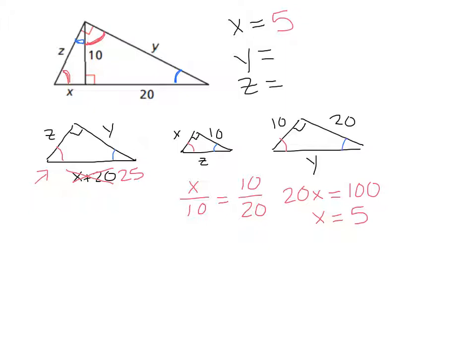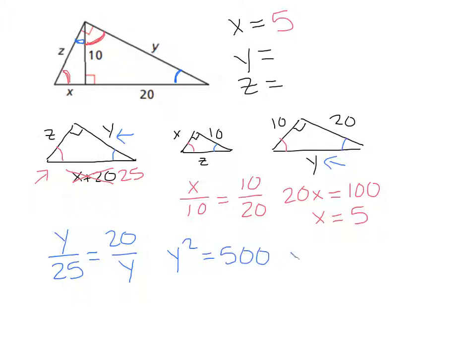I'm going to start out by looking for y because that's the next in line. So I see that there's a y, there's a y. Let's use these two. We know that y over 25, because we figured out what x was, equals 20 over y. So we are going to go ahead and use cross products, and that is going to get us y squared equals 25 times 20, which is 500.